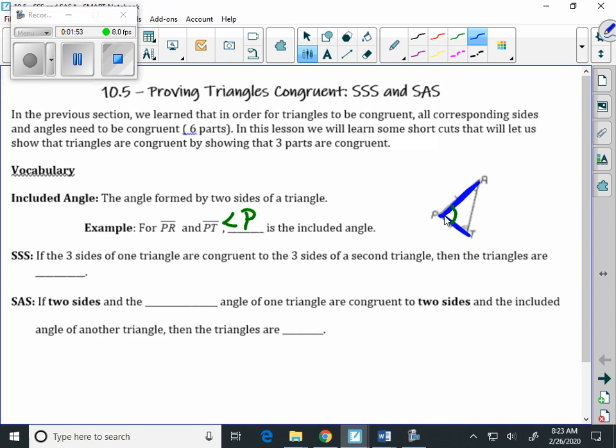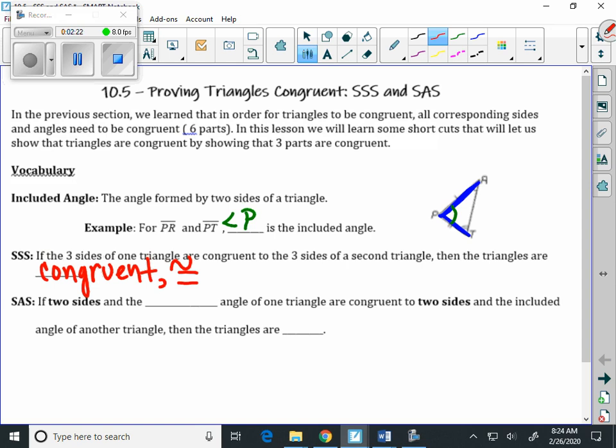Side, side, side, SSS, says that if 3 sides of one triangle are congruent to 3 sides of a second triangle, then the triangles are congruent. Sorry for the small blank. If you like to abbreviate, you can use the symbol for congruency. They're your notes. Side, side, side, 3 sides.